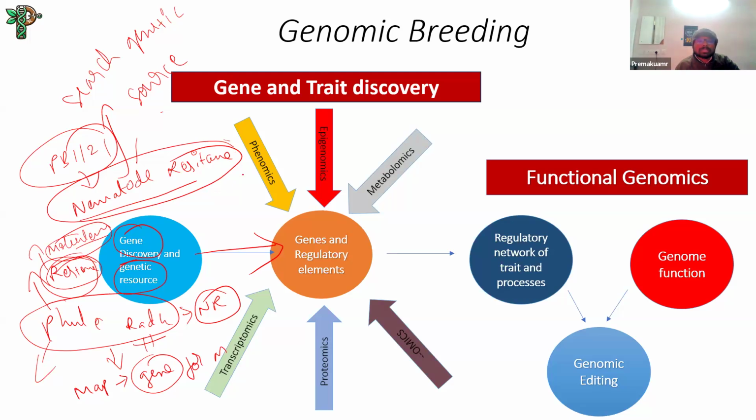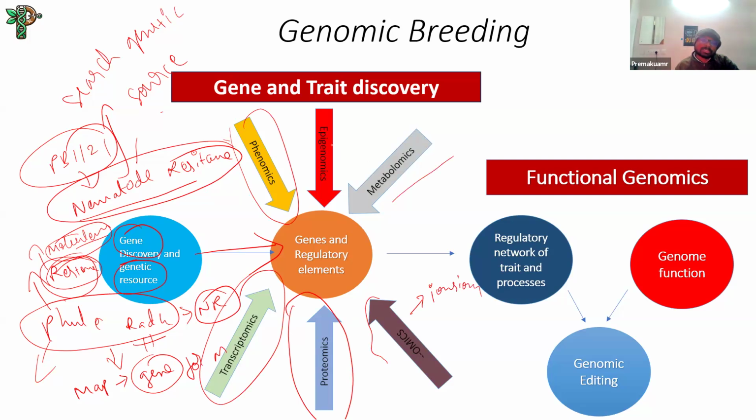Then come the different omics techniques: transcriptomics, proteomics, or others. I don't know, any new omics will come also. Nowadays, ionomics is also there, metabolomics, epigenomics, and phenomics. Phenomics is actually another part, but that's why I told you it's multi-omics.